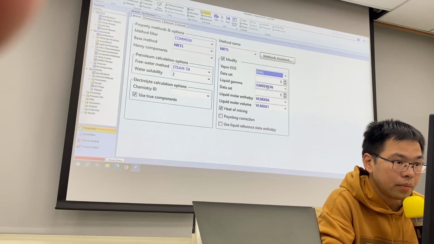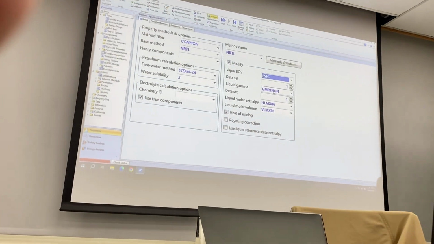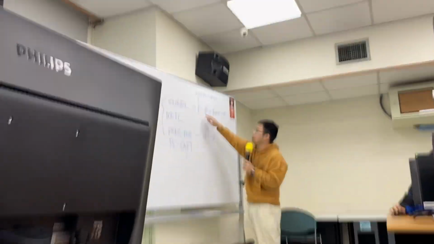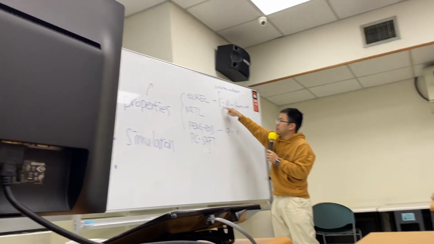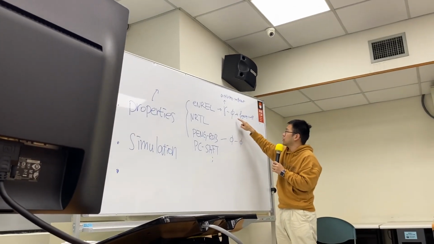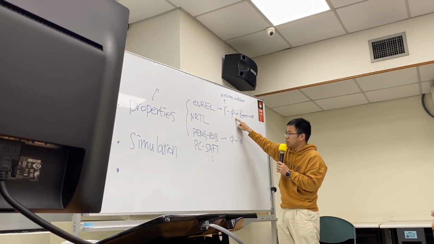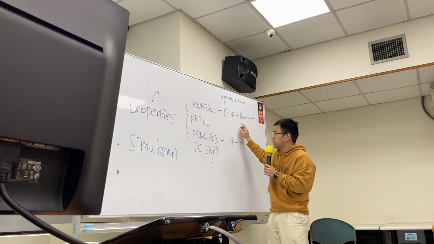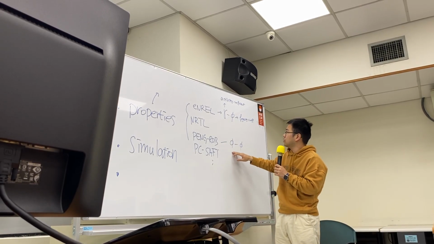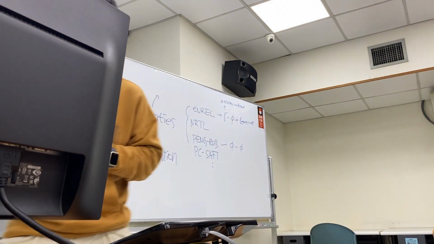Okay, so if you choose activity coefficient models, you have to specify not only an activity coefficient model, but also an equation of state to estimate the fugacity coefficient. But for equation of state models, you don't need to specify the activity coefficients. That's for your reference.